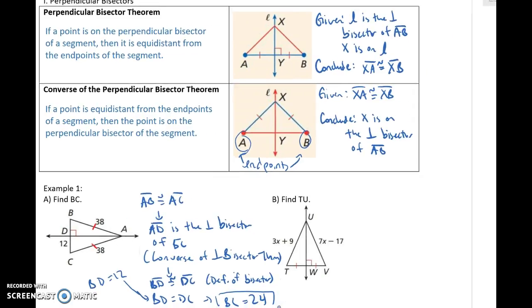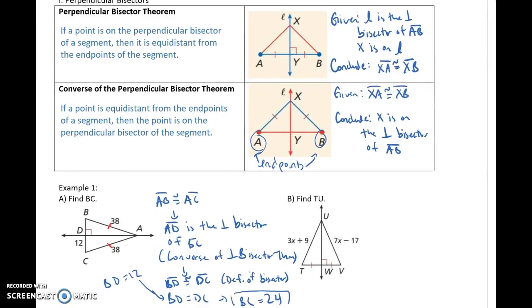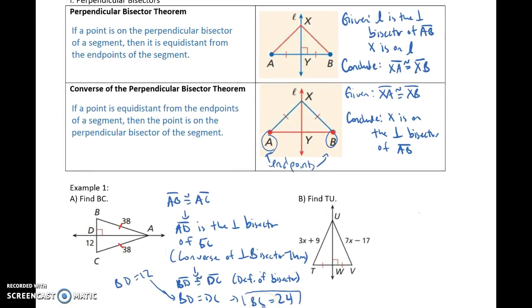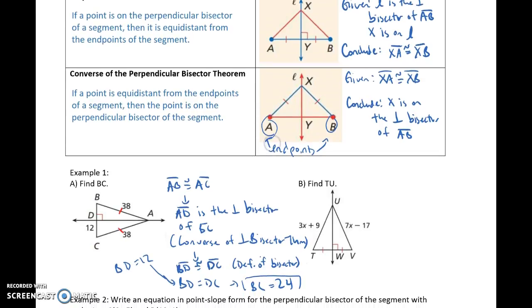It got a little messy down at the end, but it follows with the idea of what a bisector is. Okay?